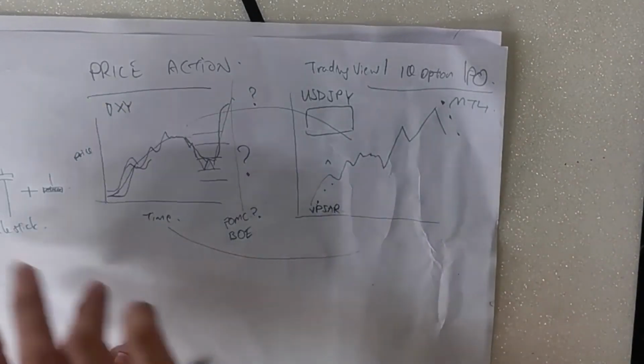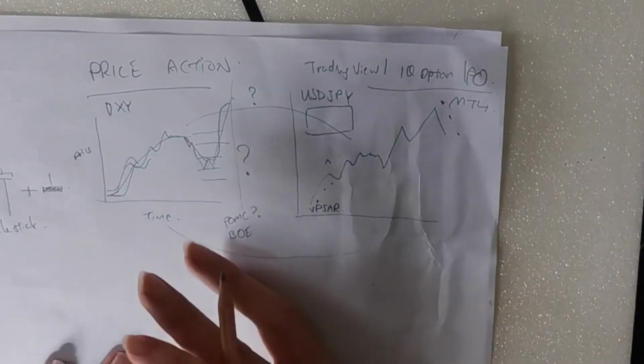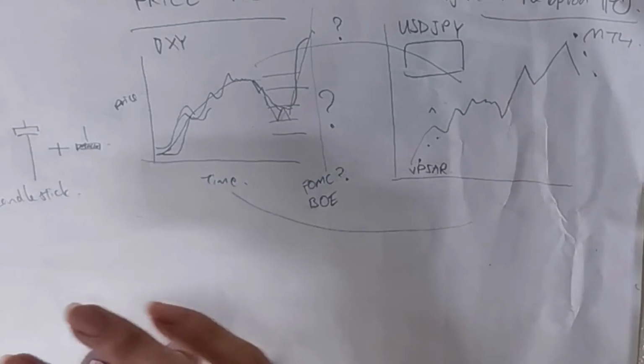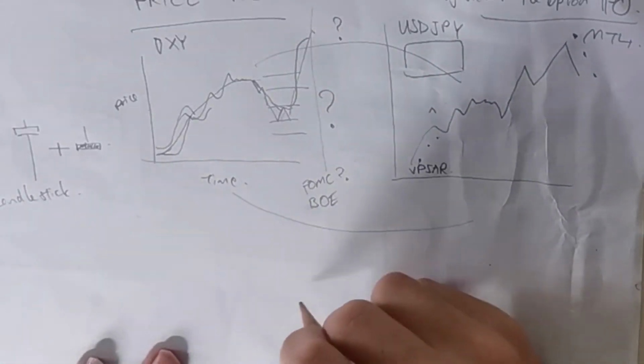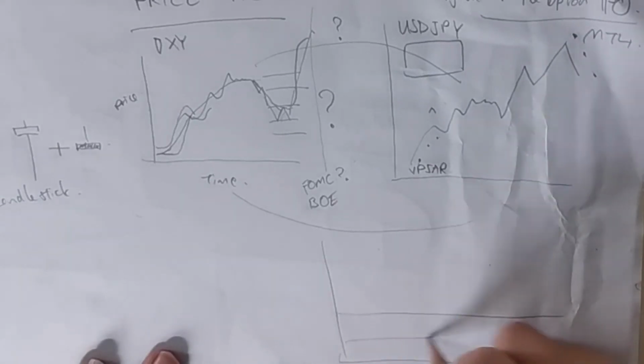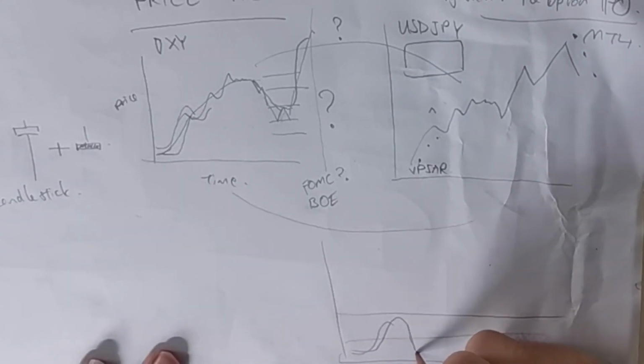For some of you, maybe you have a totally wrong understanding of parabolic SAR. Some of you may have different understanding of Guppy lines. Some of you like to use the MACD beneath the chart that we're trading, the two lines and how that works.